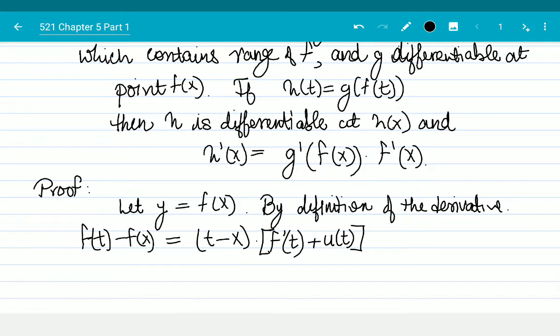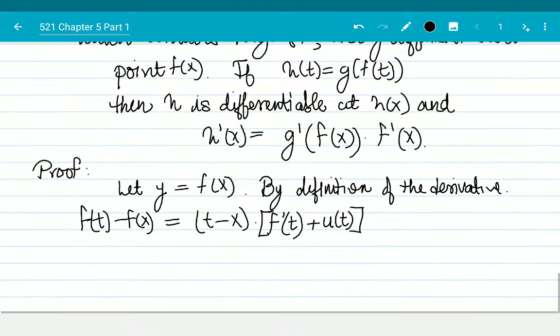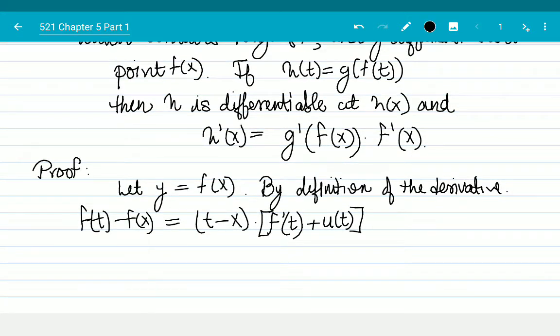Okay? Because in the limit they're equal. They don't have to be equal otherwise, right? There's some small amount u of t which should go to 0, right? As t goes to x.